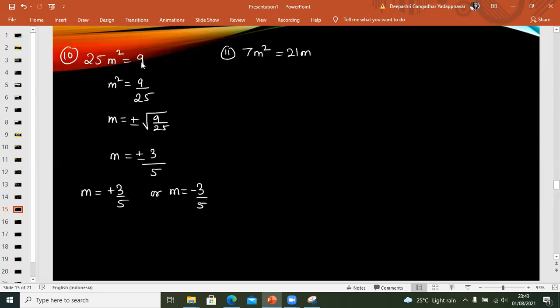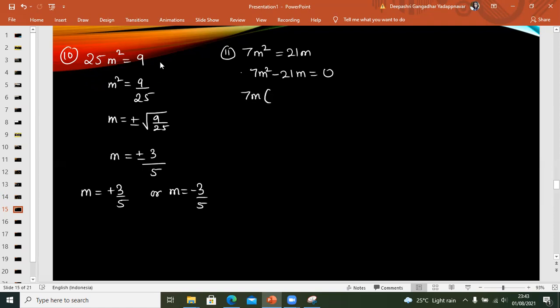We can also solve it in this way. 7m square, bring 21m to the left, it will change its sign, so it will become minus 21m equals 0. Remove the common value out. Common value here is 7 and m.